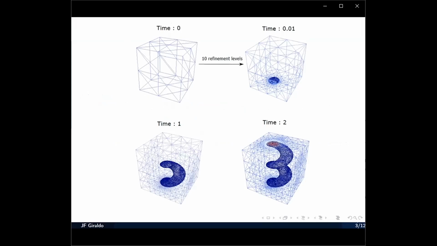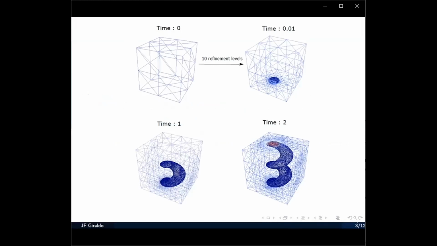So using the method of lines and solving a saddle point problem from the residual minimization that I will describe later, we obtain a solution in the time n+1 and an error estimator which measures the difference between the discontinuous and the continuous solution.